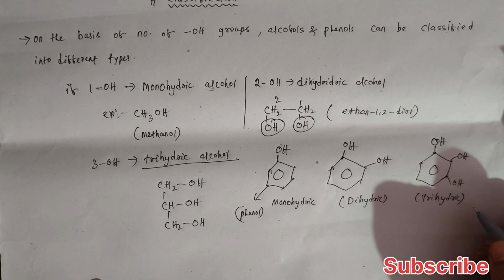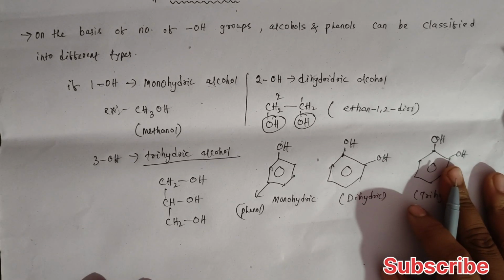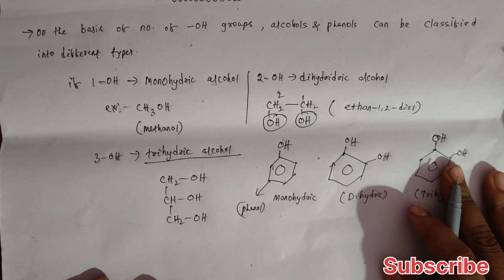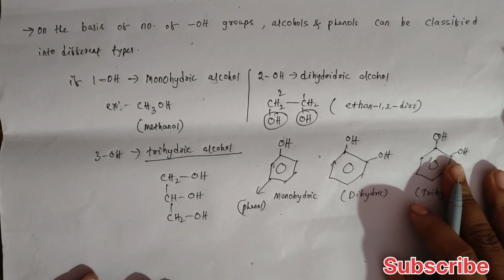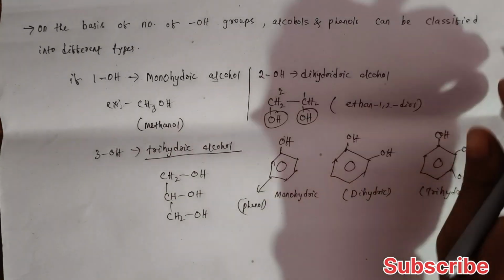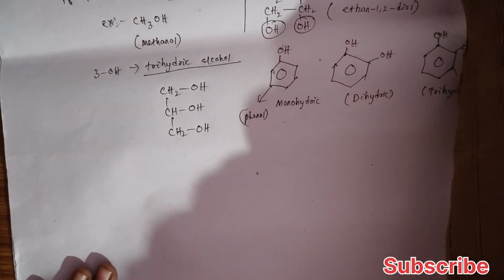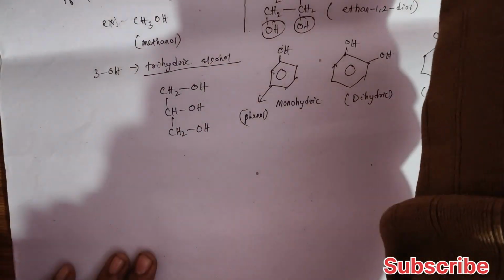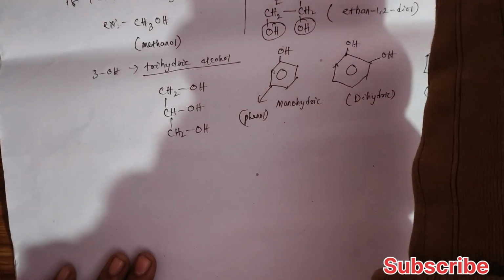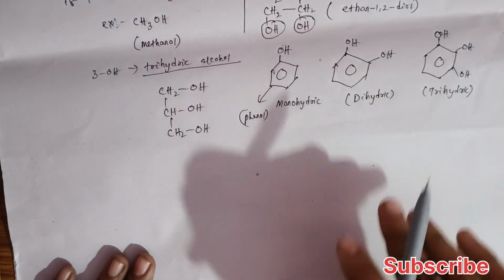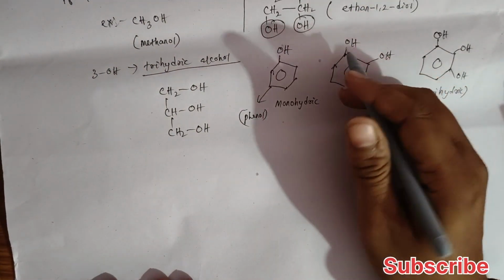Now again we have to classify the monohydric alcohols on the basis of the hybridization of carbon atoms. So what actually is hybridization? We all know that hybridization means sp2, sp3.